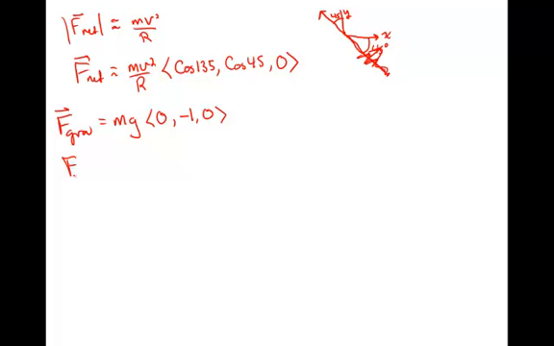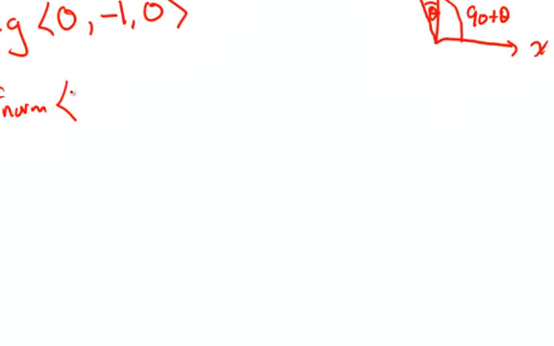Now F norm. Let me redraw these here, x and y. This is going to be at some angle, and let's call that angle theta. This angle here will be 90 plus theta.